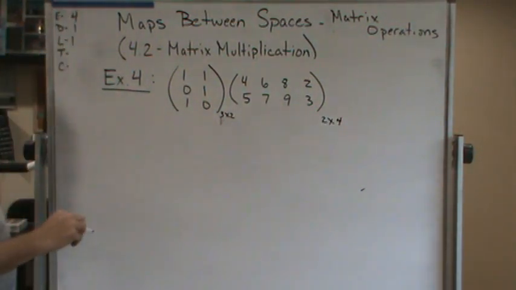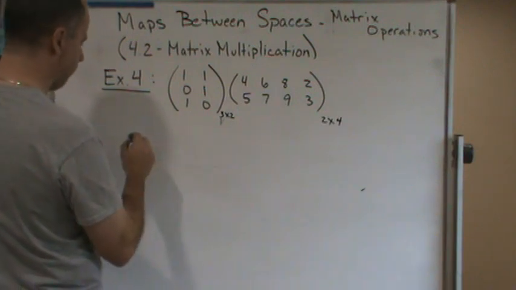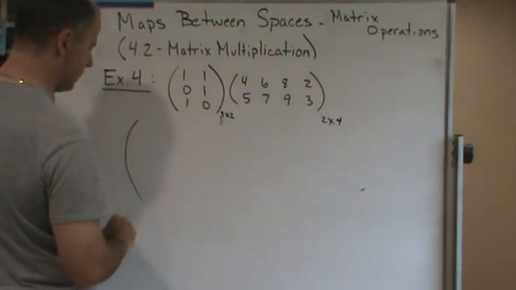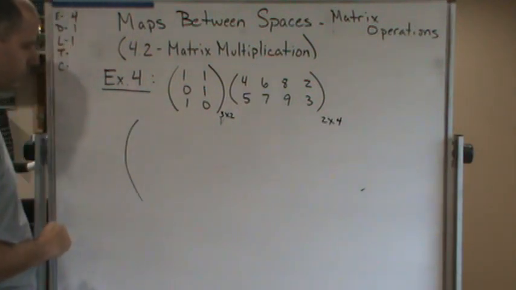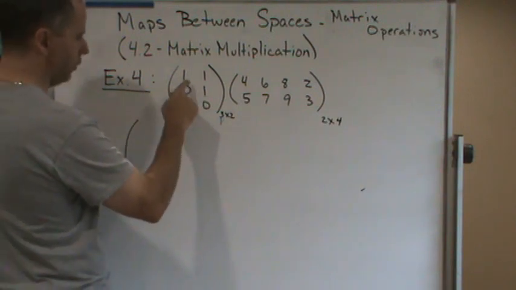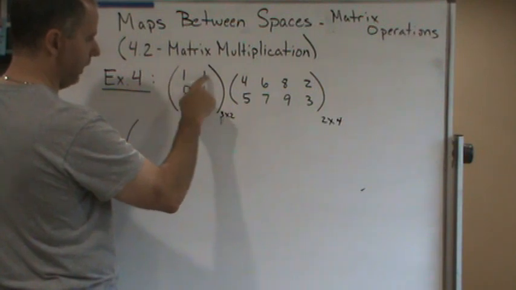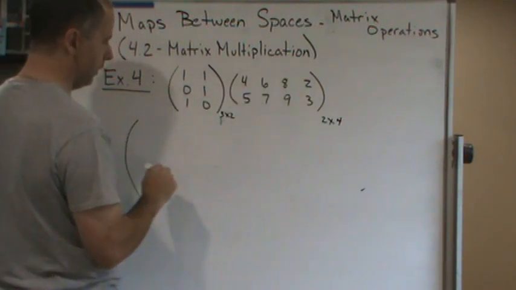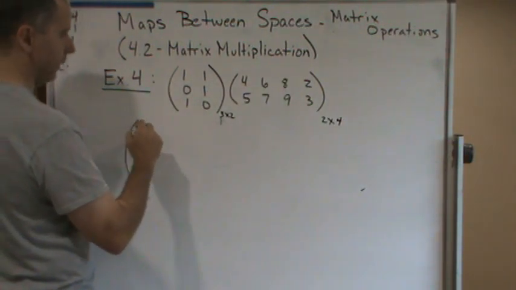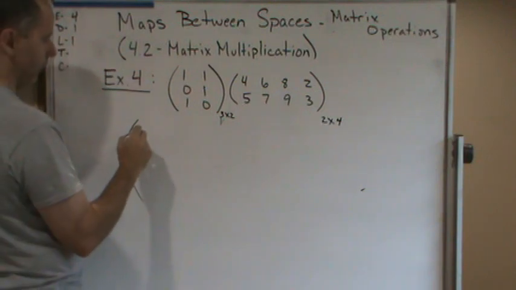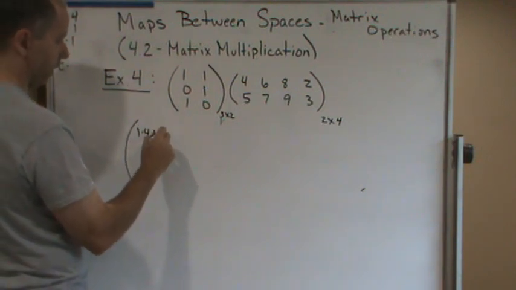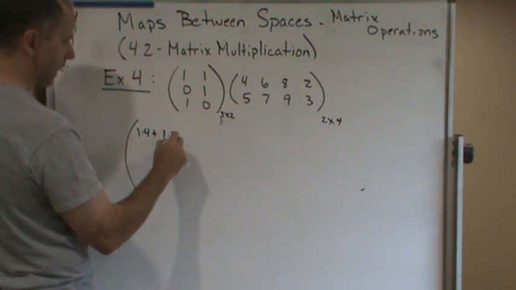Okay, so now let's do this. It's going to be a 3 by 4 matrix, so let's map this out. I'm going to start with row 1 and cycle through these columns. I'm just going to write them out now. So it's going to be 1 times 4 plus 1 times 5.